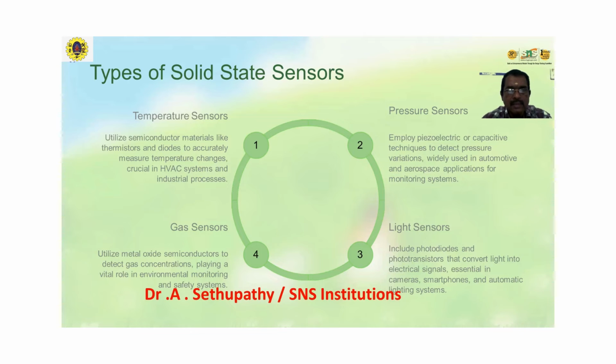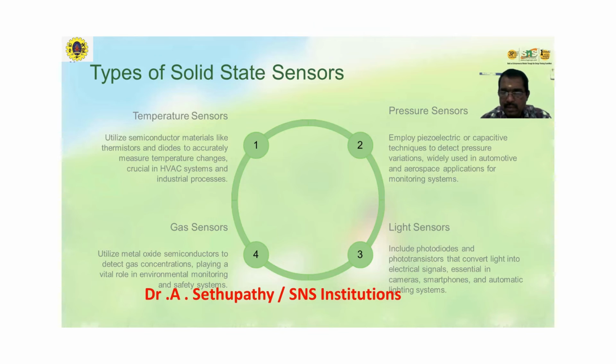That signal is converted into a pulse. That pulse is finally the digital output. So this is the pressure sensor. The digital output gives how much force we are applying, and it is given in newtons. Then gas sensors use oxide semiconductors.